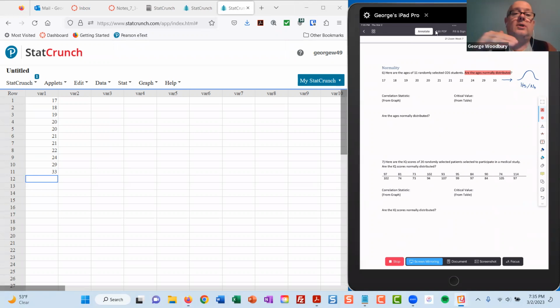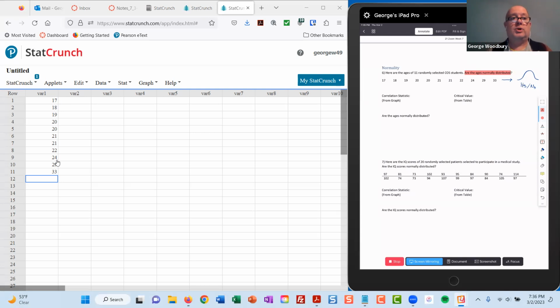Now, when you take your midterm, you don't want to get a problem wrong because you've typed values in incorrectly. So there's a couple of things you can do. First, you can go back and reread them, 17, 17, 18, 18, one at a time, and make sure they match up. Check them both directions. You can also have somebody be your eyes.